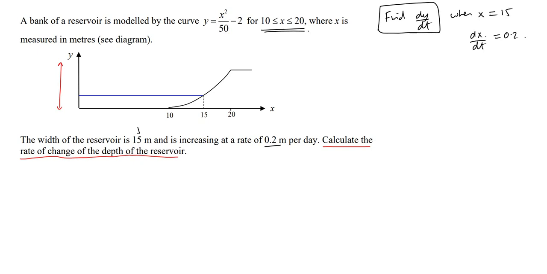So what springs to mind is that we've got the chain rule. The chain rule is going to help us here, because how we're going to find dy by dt is by looking at the chain rule.